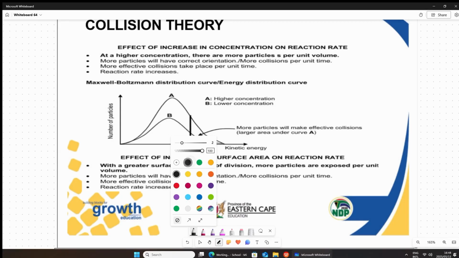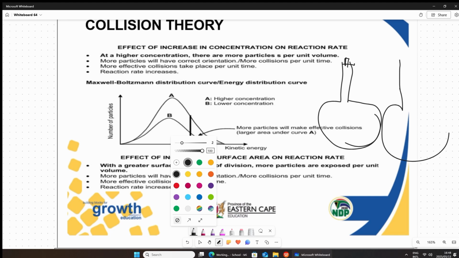The effect of concentration on the rate of reaction. Concentration is the measurement of the amount of particles of a substance per unit volume. If a substance is highly concentrated, it simply means there are more particles of the substance than particles of the solvent.